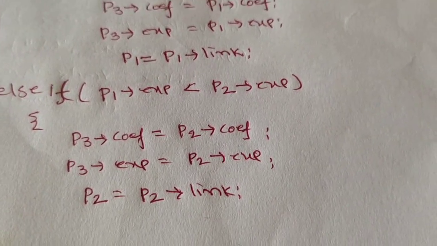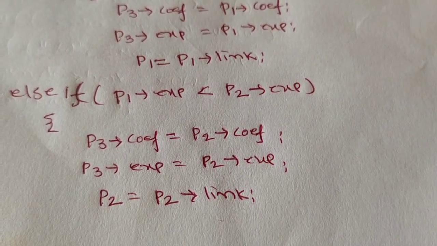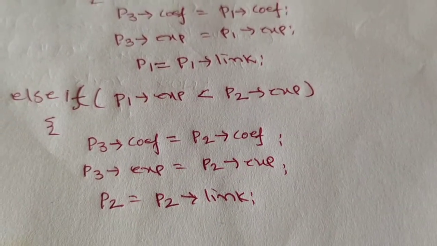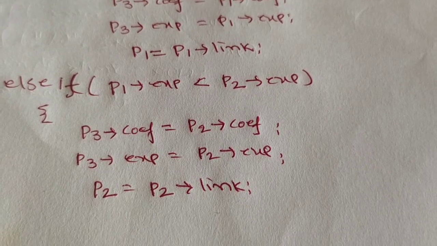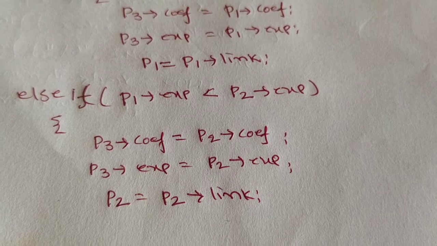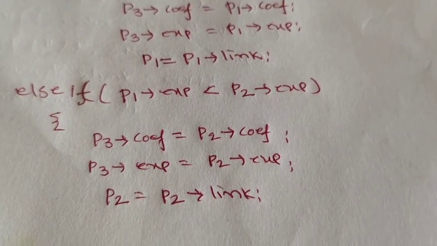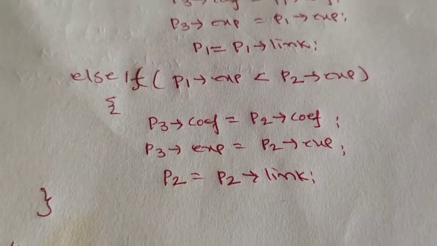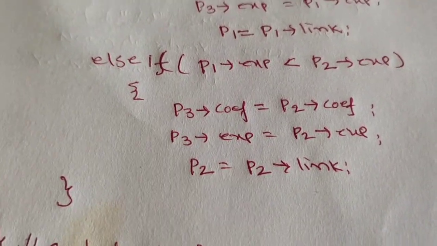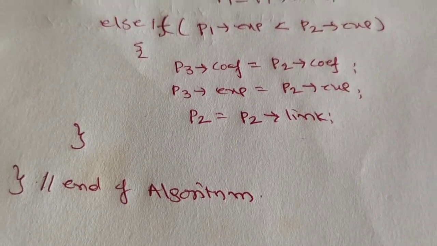So P3 coefficient equal to P2 coefficient, P3 exponent equal to P2 exponent. After adding the P2 term to the resultant polynomial P3, the P2 term is moved one step forward. For that reason, I write P2 equal to P2 link. This is the end of the if and else, and this is the end of the algorithm.